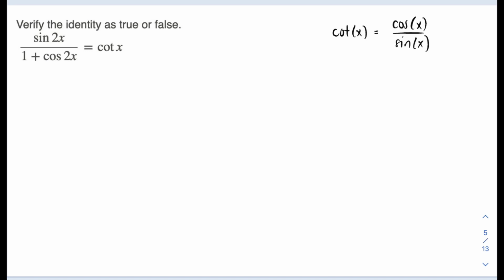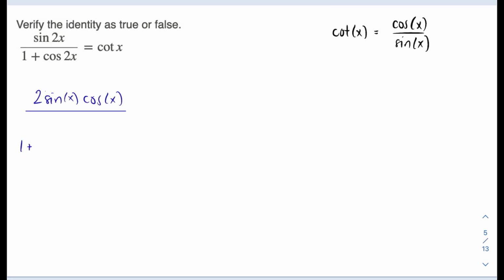Sine of 2x only really has one thing it can be changed into. So we'll change that one in first. So we'll say that this becomes 2 sine of x cosine of x. And the denominator, this is where we want to think about where we're going, because we have 3 different options of what we can do.